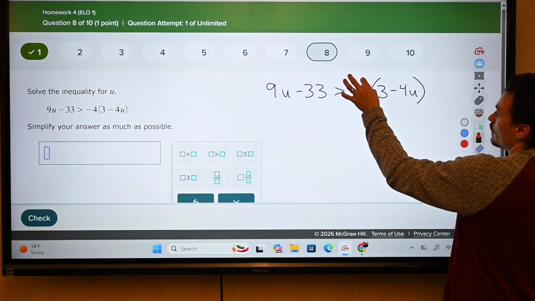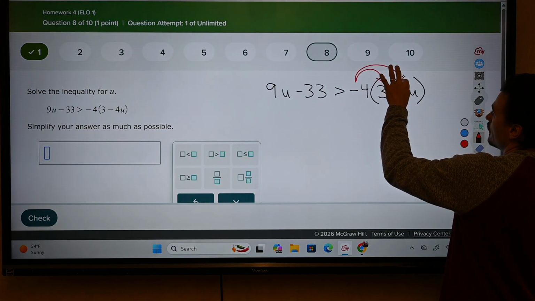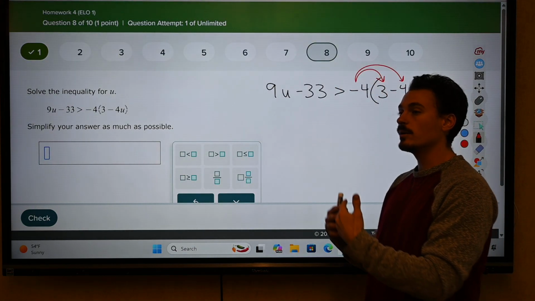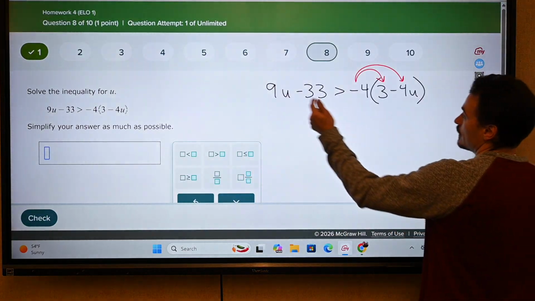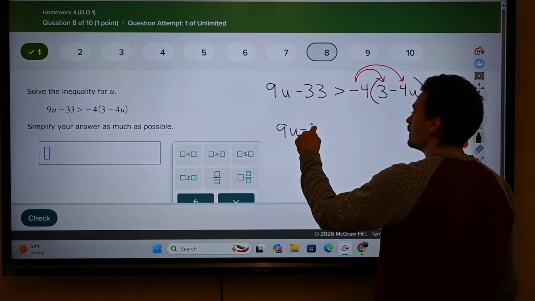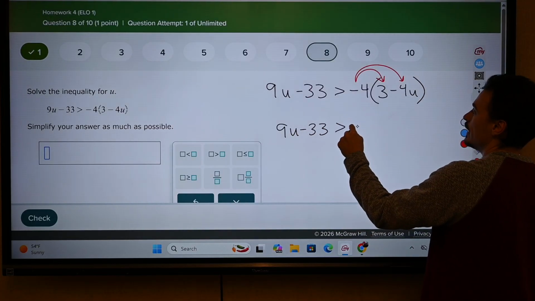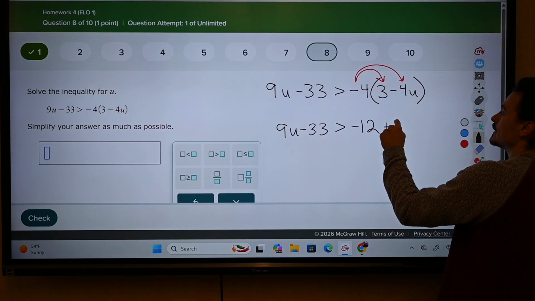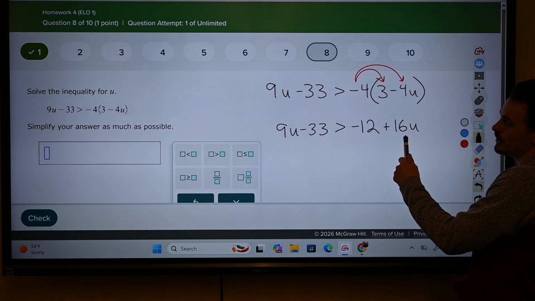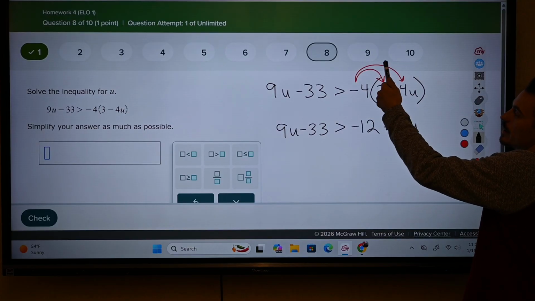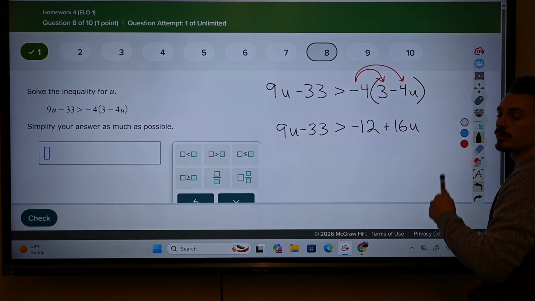Right here, we would use the distributive property. If you forgot how to do this, you need to go back and watch the solving equations video. That's 9u minus 33 is greater than negative 12 plus 16u. The reason we got negative 12 plus 16u is because we're multiplying by negative 4 with both terms on the inside.